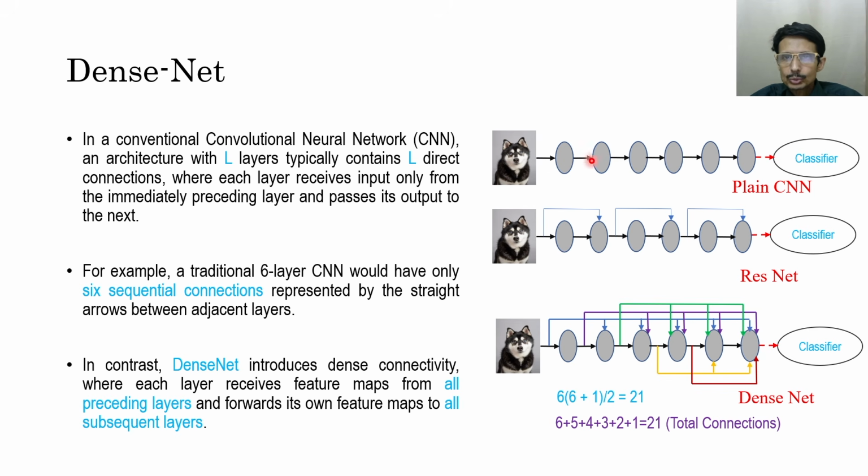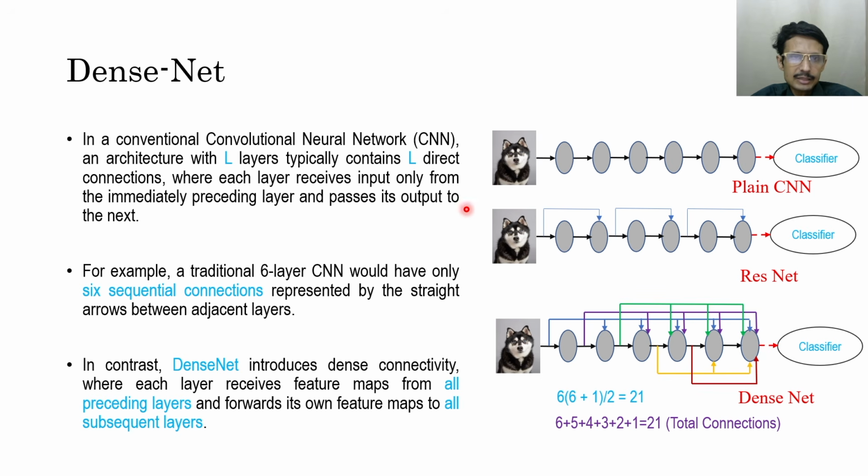You can find 1, 2, 3, 4, 5 and 6, so 6 connections, with this one for classification. So there are L direct connections, where each layer receives input only from the immediately preceding layer. This is coming from here, this from here, and so on.